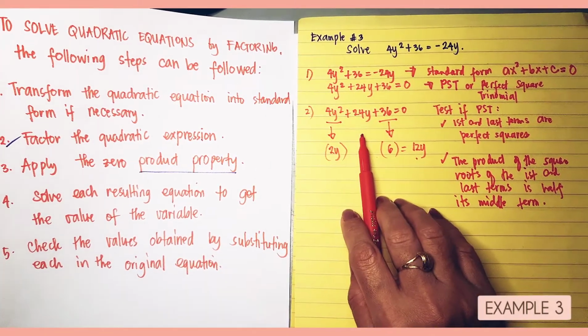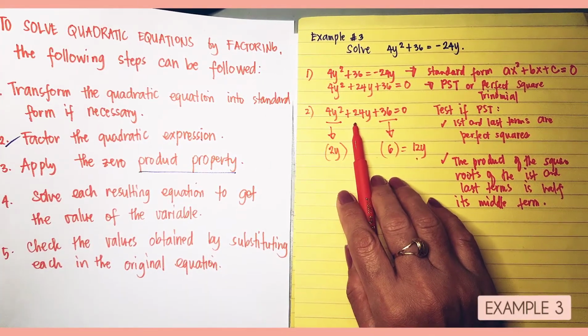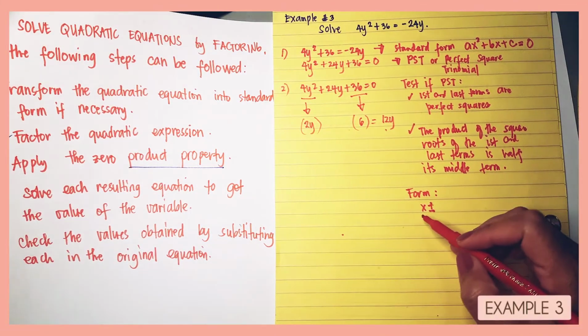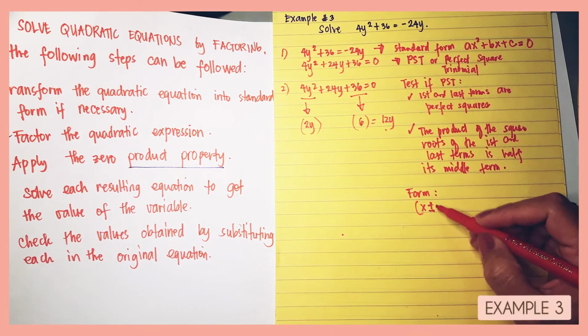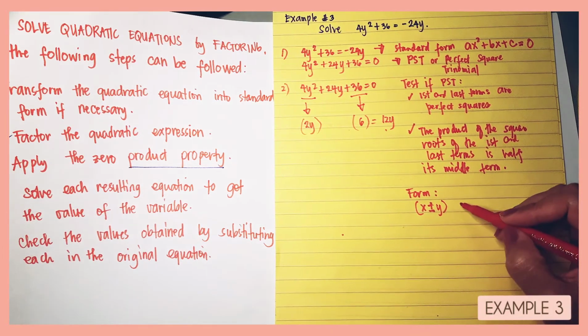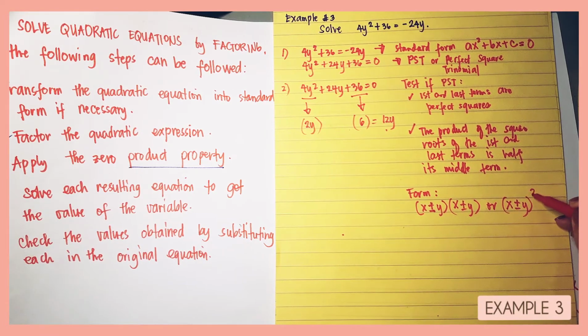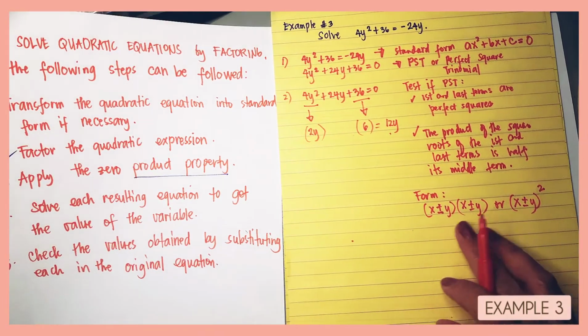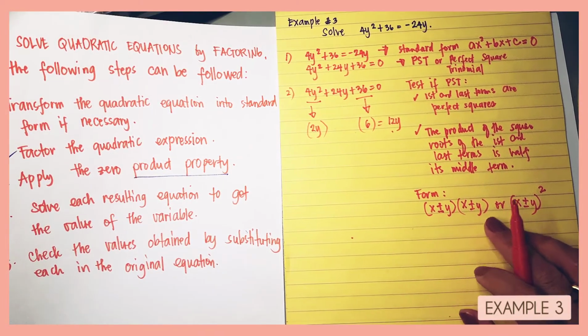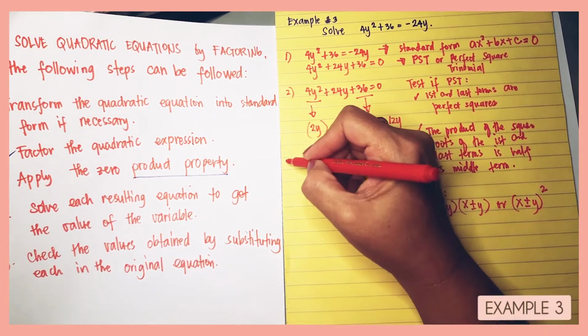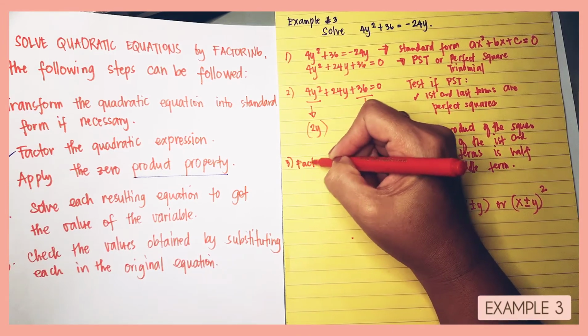So since we were able to prove that this is a PST, it's in the form, the quantity of x plus or minus y times the quantity of x plus or minus y, or x plus or minus y squared. So this may look difficult, but when you factor this out, since it is a PST, it will look like this.